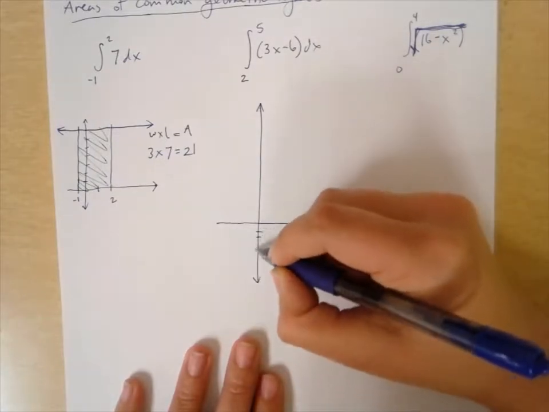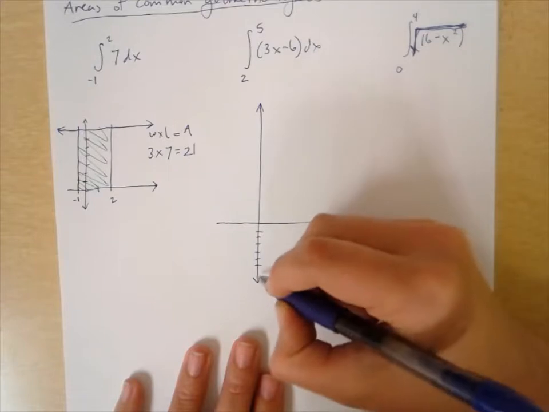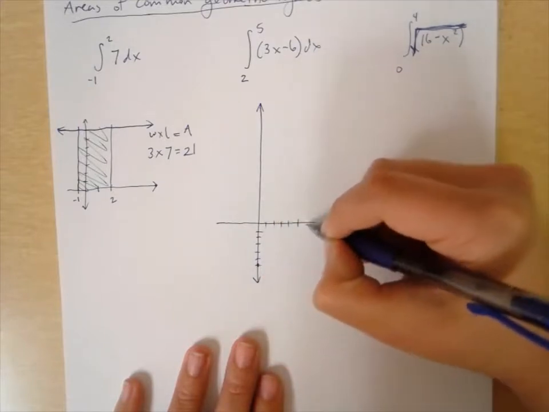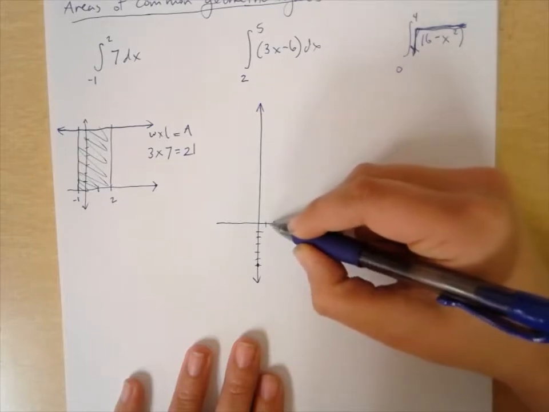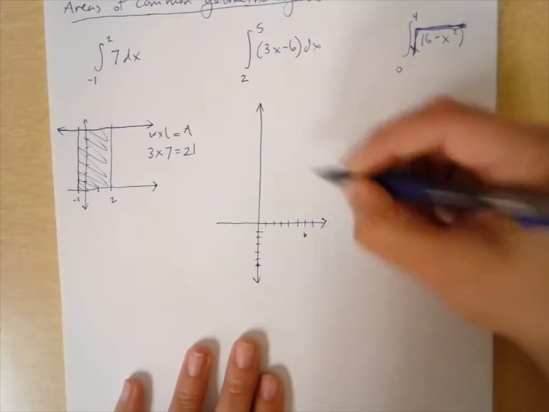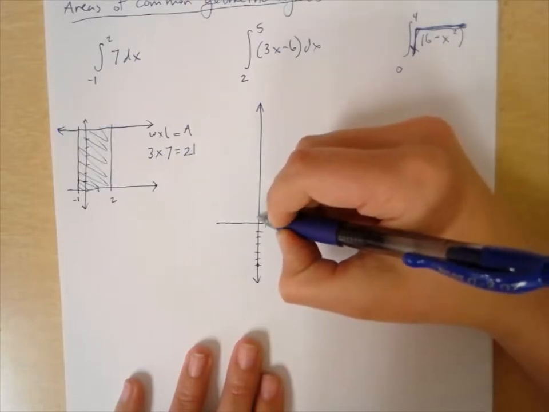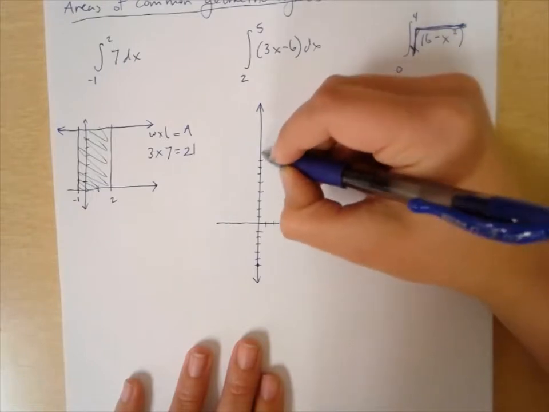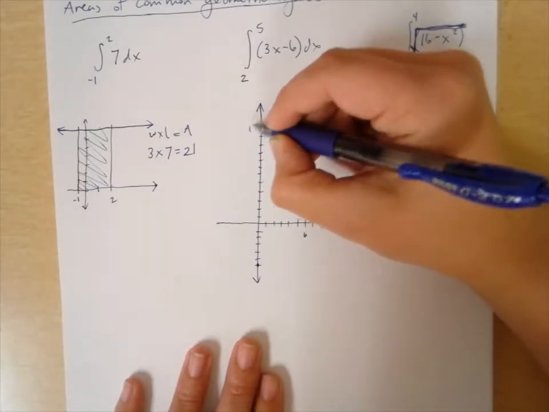I'm going to go down 1, 2, 3, 4, 5, 6. Make a point. 1, 2, 3, 4, 5, 6. That should be good on my x-axis. And then my y-axis, I'm going to go up 1, 2, 3, 4, 5, 6, 7, 8, 9, 10, 11. We'll call that one 12.